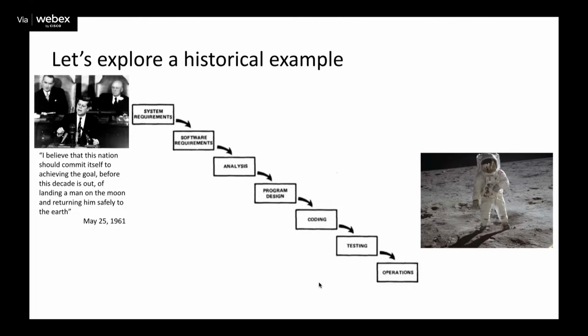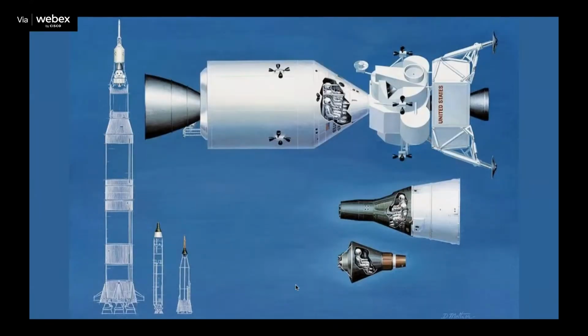Now, I think we all know that it wasn't possible to do that. And so what did NASA do? Well, they already had the Mercury missions running at the time that John F. Kennedy said that. And they had proven that astronauts could fly in space. Now, nobody had been in space for more than 34 hours, but they'd proven that astronauts could fly in space.